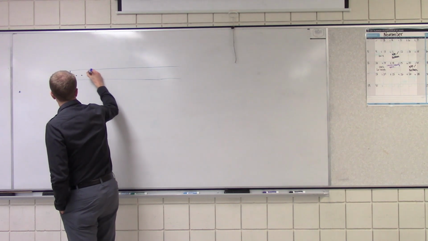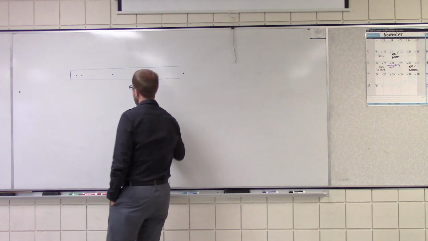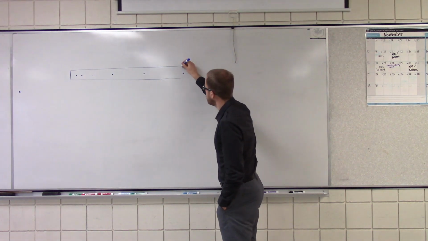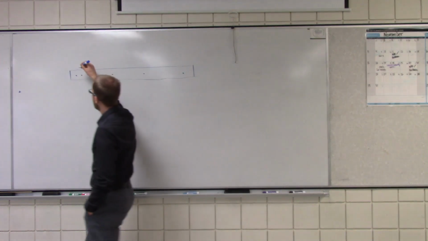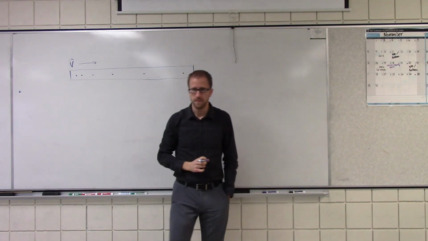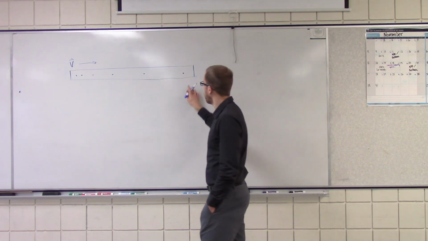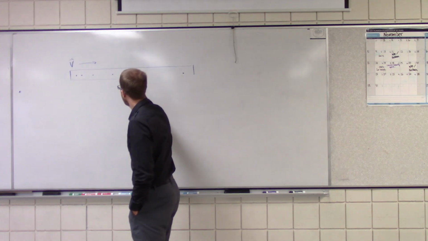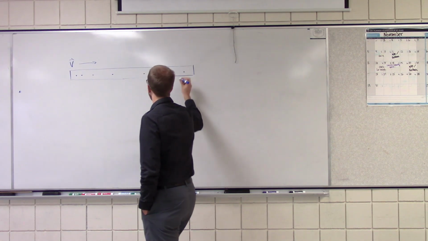Now, if we have an object that is doing this, how would you describe the force acting on this object? Keep in mind, your velocity is in this direction. What direction would the unbalanced force be if there is one?